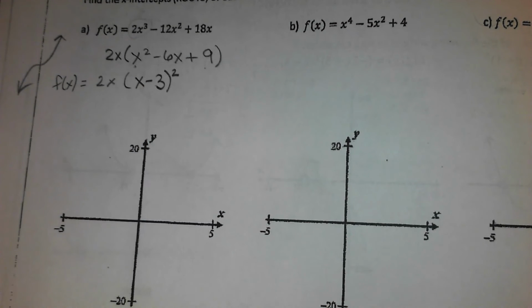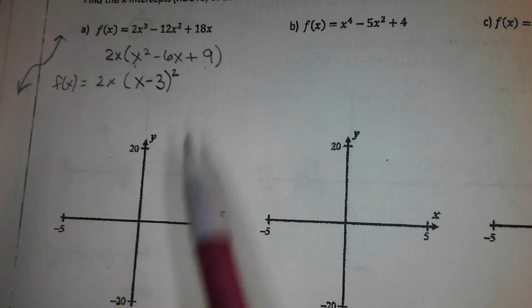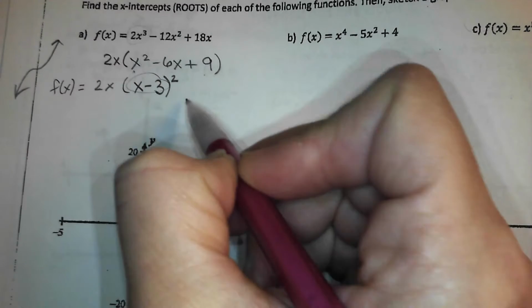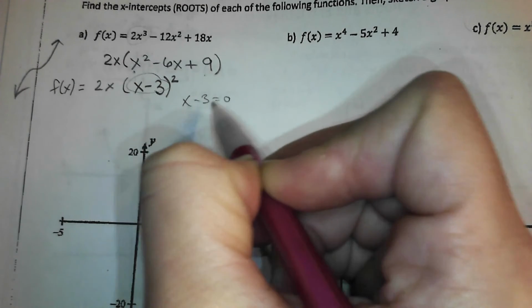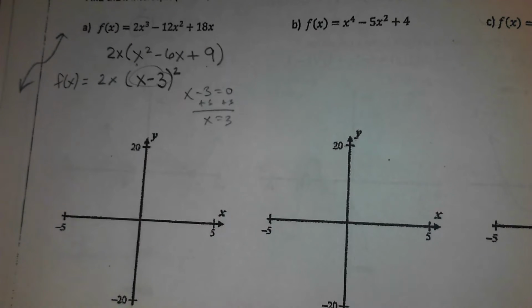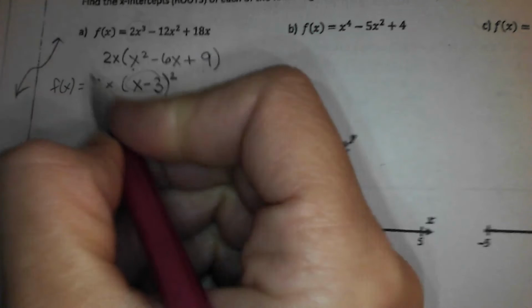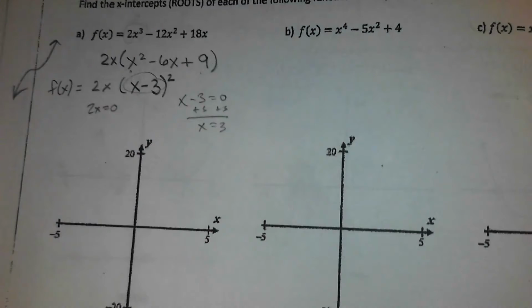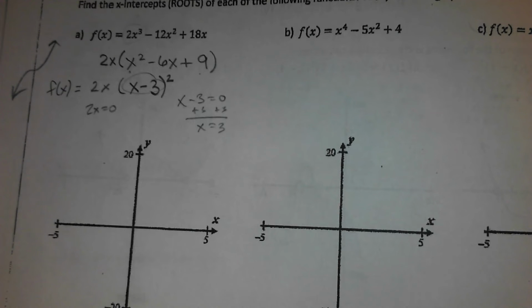How did you get 3? Right, so you just teed that up. I don't know if you realize mentally that that's what you did, but you teed it up. So what's the other factor that you have to tee up? 2x. So if 2x equals 0, Jack, what does x equal? 0.